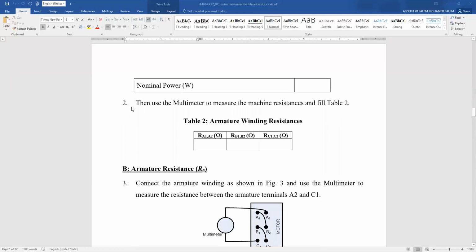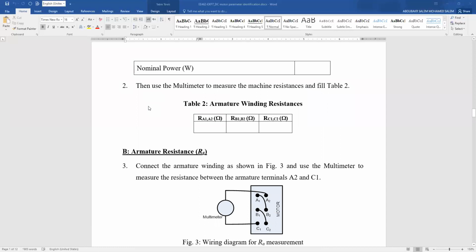Also, it is required here to get the multimeter measurements of the machine resistance. So we have many windings in our motor. We have coil number A, coil number B, and coil number C. So it is required here to measure the resistance for each coil.